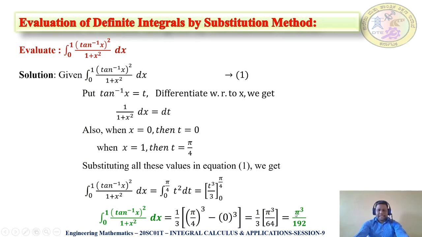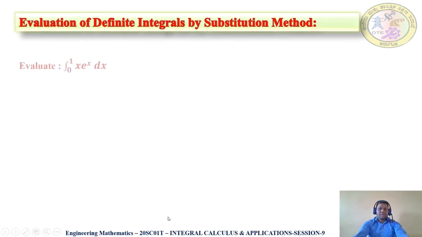So the final answer is pi cube divided by 192. That is, the integral from 0 to 1 of (tan inverse of x) whole square by 1 plus x square dx is pi cube divided by 192.